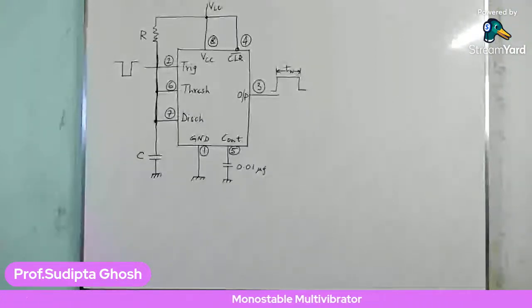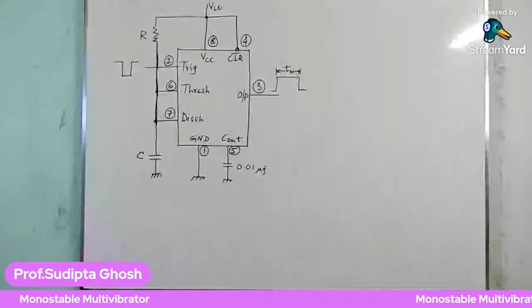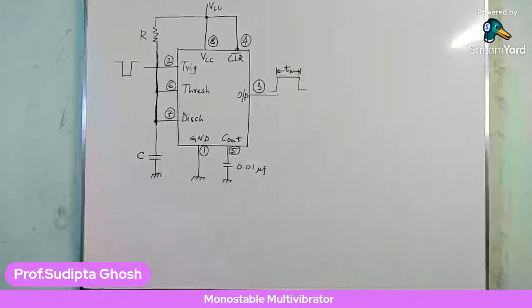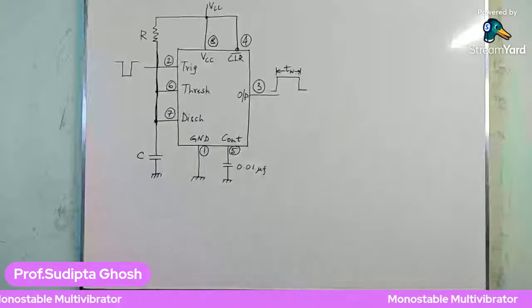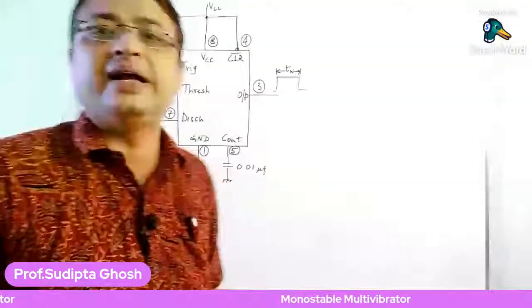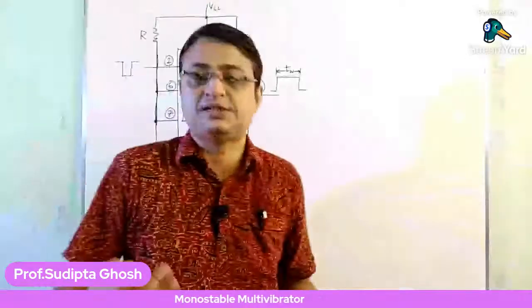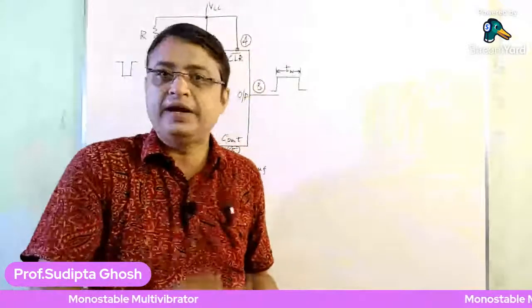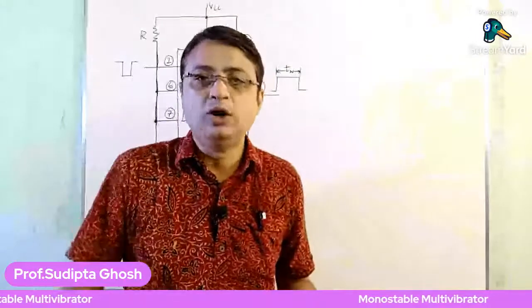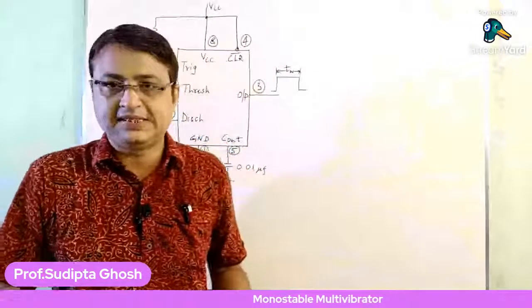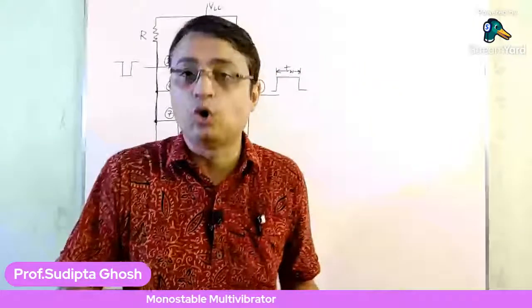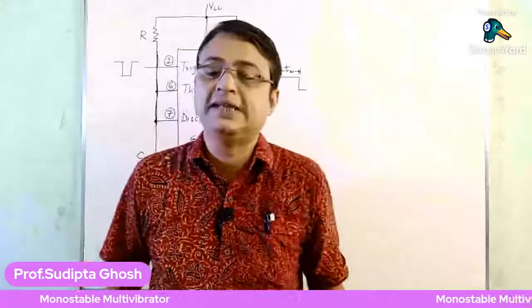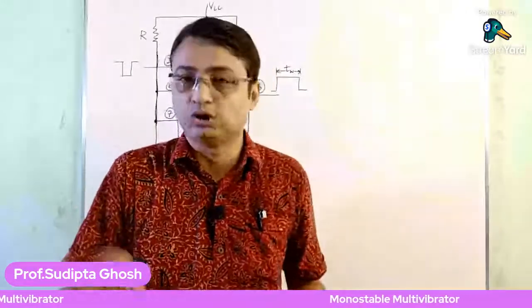We have already discussed in our last class that when the trigger input goes below 1/3 VCC, the trigger comparator goes high.